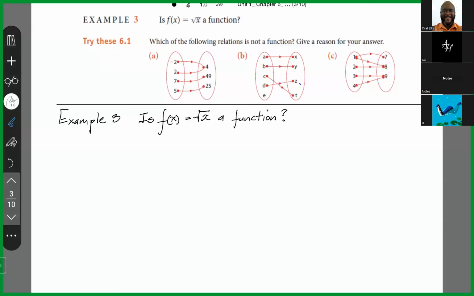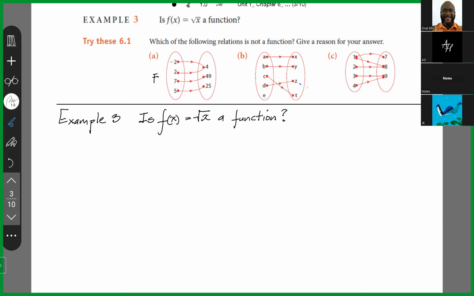Well, A is a function because every element in the domain is mapped to one and only one element in the codomain. You can see that in the fact that one arrow is leaving every element in the domain.